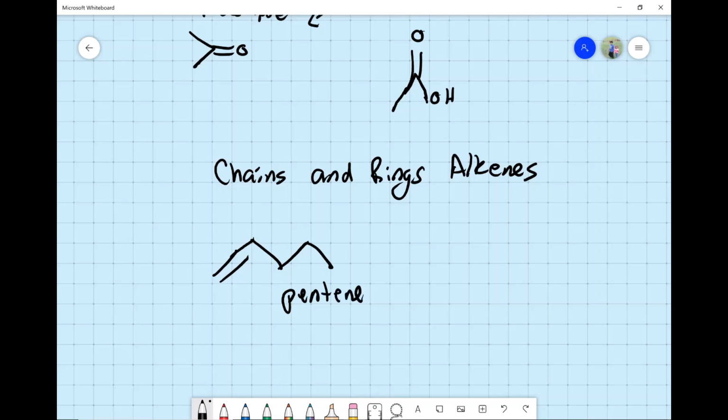But the double bond is between the first carbon and the second carbon. And so this would be called 1-pentene. So it's an alkene because we have a double bond. If we have an isomer of this, and we have our double bond here, the double bond is between the 2 and the 3, so it starts at the 2, so it's 2-pentene.